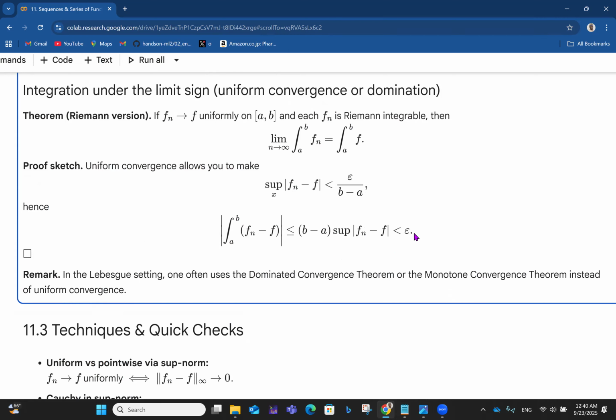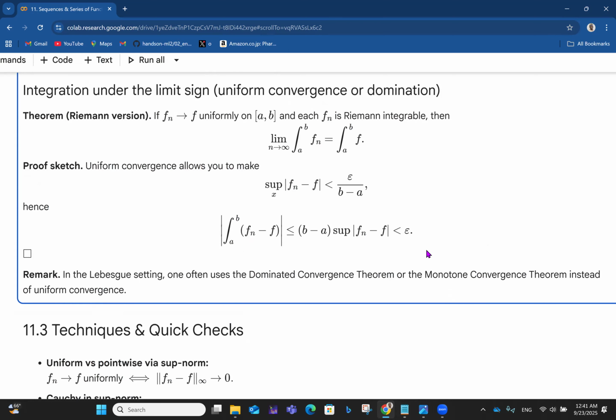So what's basically happening here is that if you multiply both sides by b minus a, you have b minus a multiplied by this, and that's less than epsilon. And then the absolute value of the integral from a to b of Fn minus f is less than that expression.